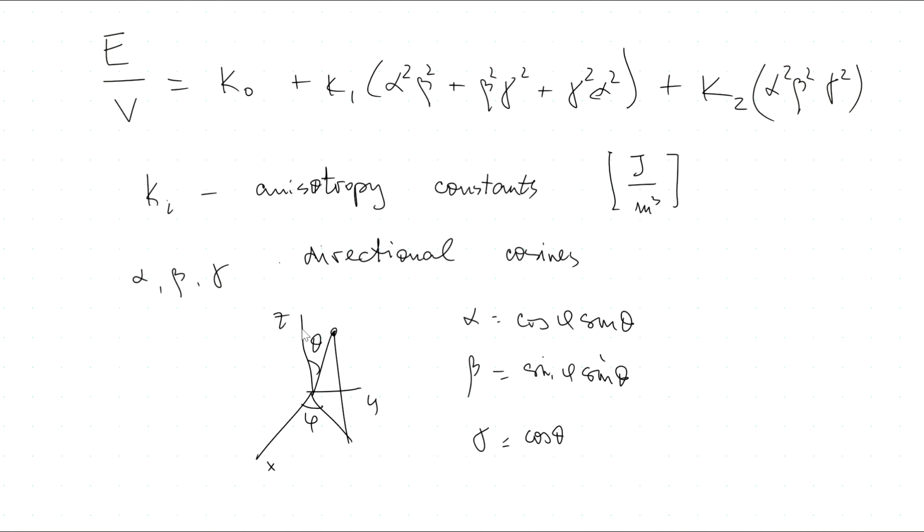So if you take its unit length, equal to 1, then directional cosines are equal to this. It's basically this component, that component, and vertical component of this particular direction defined by angles phi and theta. And of course there is a normalization. If you take alpha square plus beta square plus gamma square, that should be equal to 1.